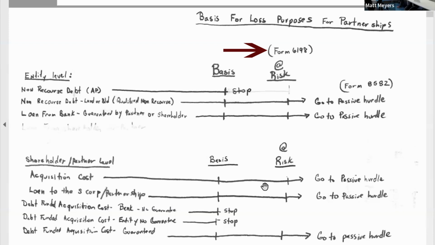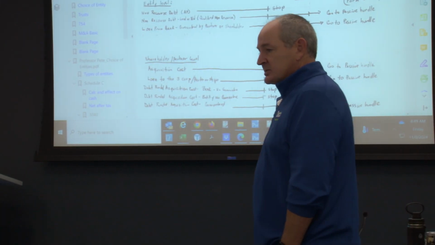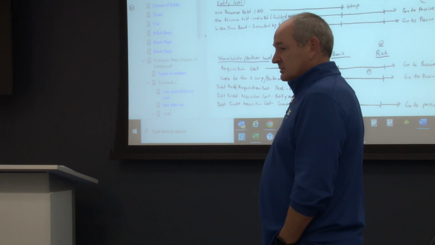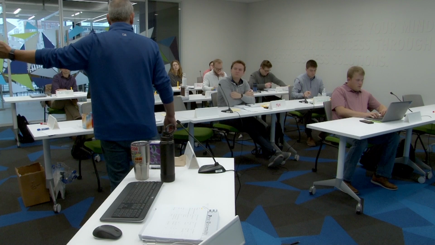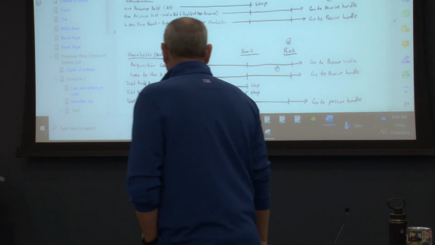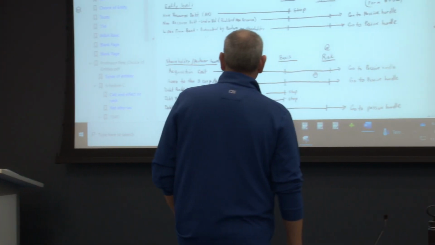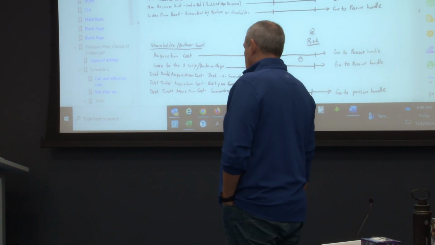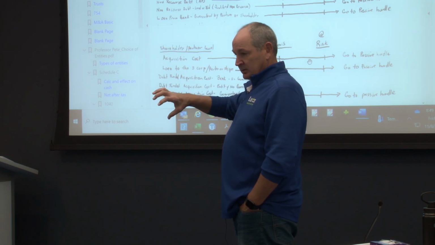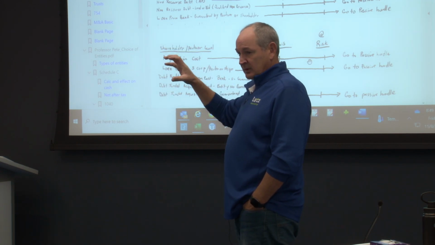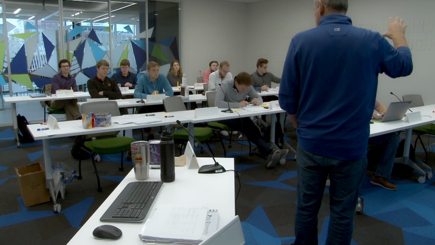The 6198 is the form in the 1040 that allows you to measure at-risk basis. It helps you diagnose your loss carryover. What this is doing is saying there are debts that exist at both the entity level and the shareholder level, and you have to think about both of them in order to diagnose what your at-risk basis is.